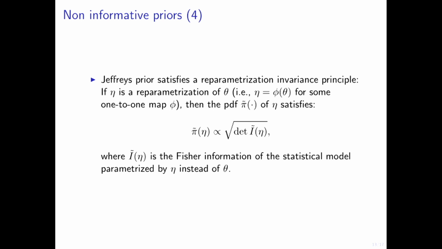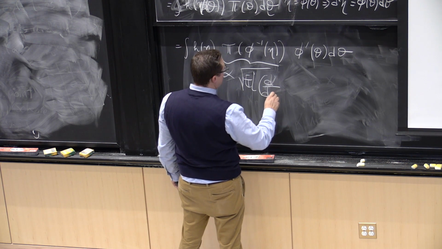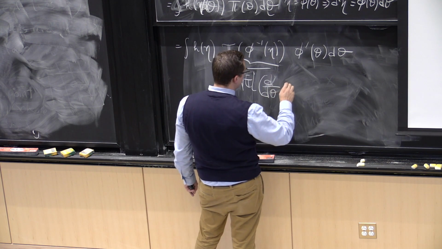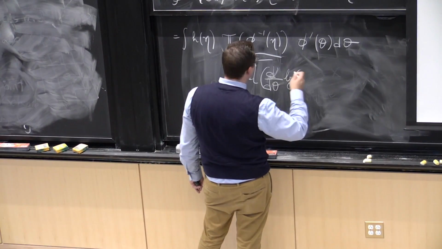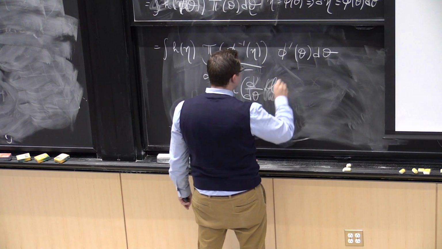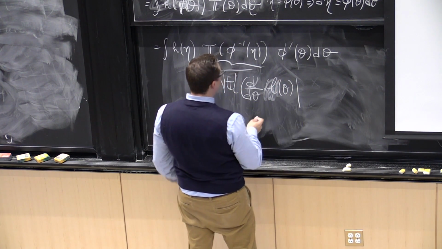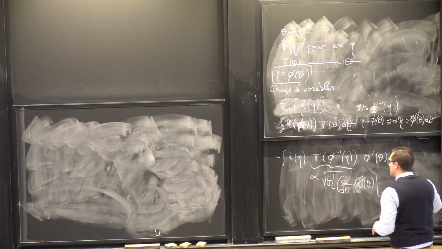And the Fisher information we know is the expectation of the square of the derivative of the log likelihood, right? So this is the square root of the expectation of d over d theta of log of, well, now I need the density, let's call it L of theta, taken at phi inverse of eta, squared.